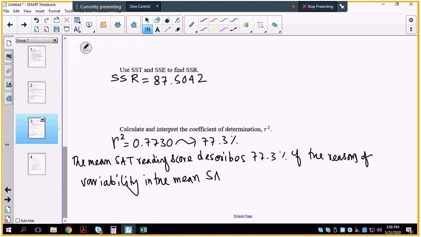So what is our interpretation? 77% of the reasons why you are good in math is described by your well-preparedness in reading.